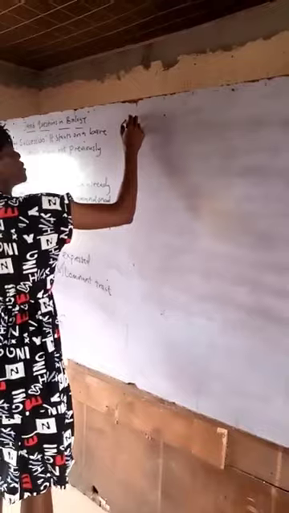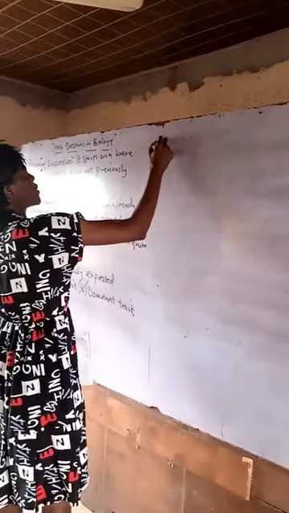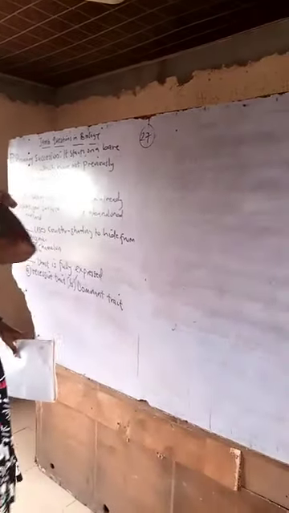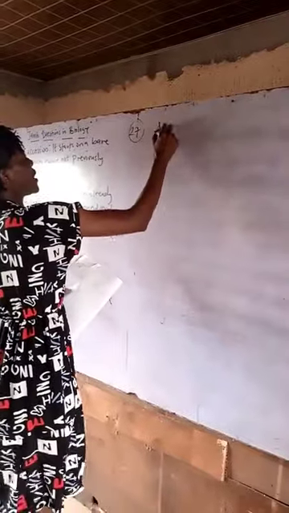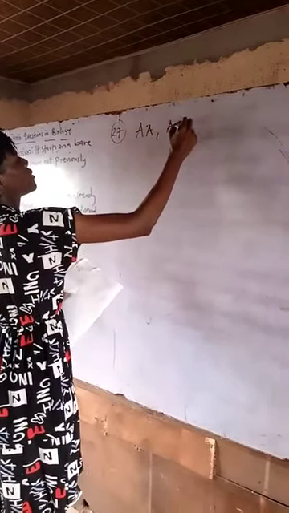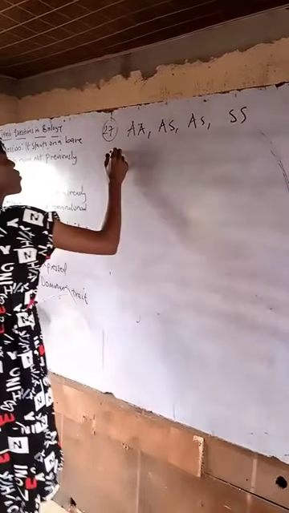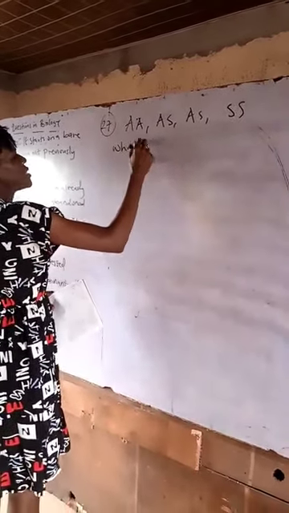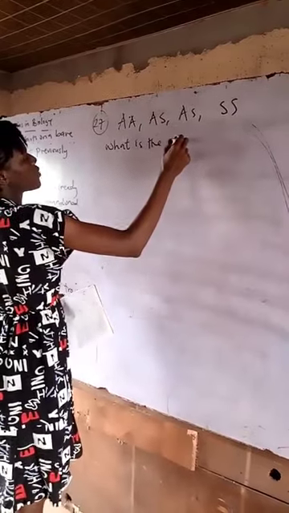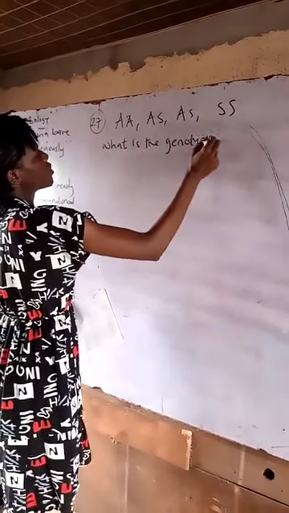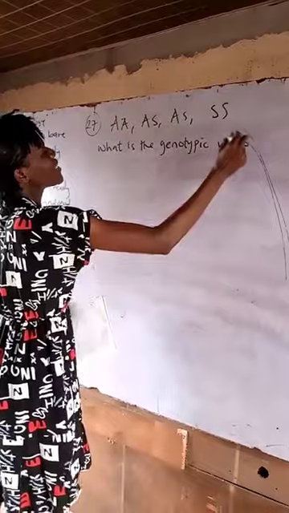Now, they gave a crossing whereby they had AA, AS, and what? SS. And they said, what is the genotypic ratio? Please, this is what it means.